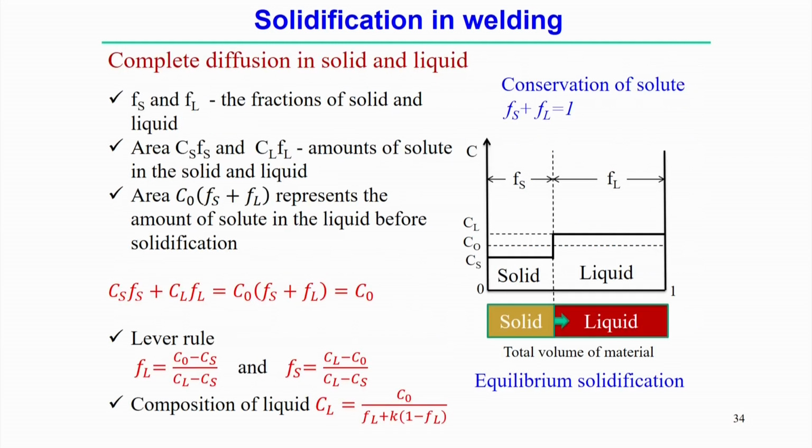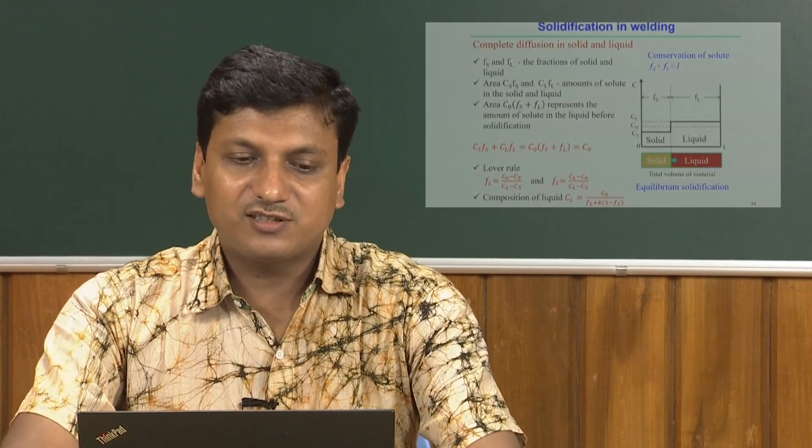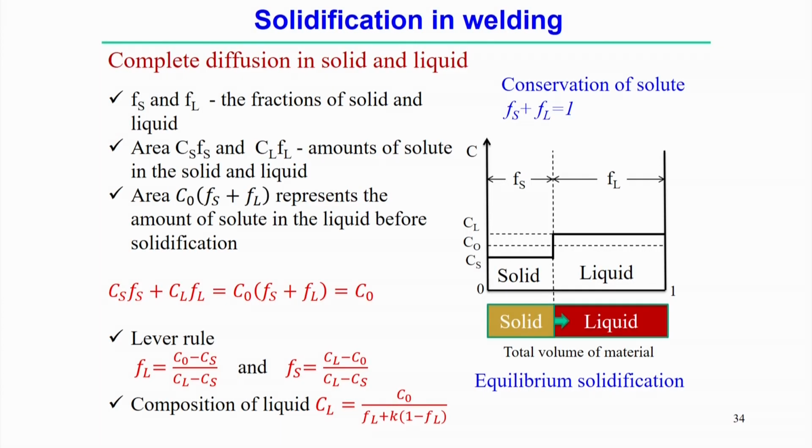With this understanding of the binary phase diagram during the solidification process, we will now look into other aspects, that is, complete solidification in the welding process with complete diffusion in solid and liquid state. Here we assume the material composition is chosen such that there is complete diffusion in the solid and liquid state.